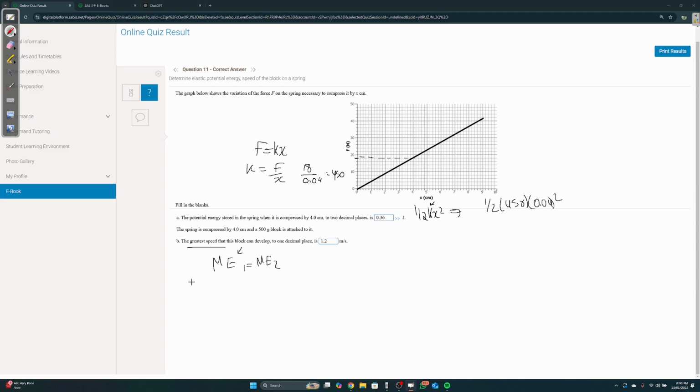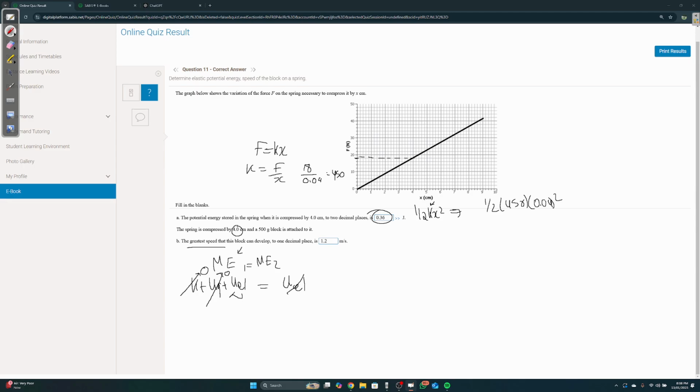Remember, mechanical energy is kinetic energy plus gravitational energy plus elastic energy. Kinetic energy will be 0 because the block is not moving. The gravitational energy is 0 because there's no height. We're not given any height, it's not hanging anywhere. So we only have U elastic, and we found U elastic at 4 centimeters to be 0.36.